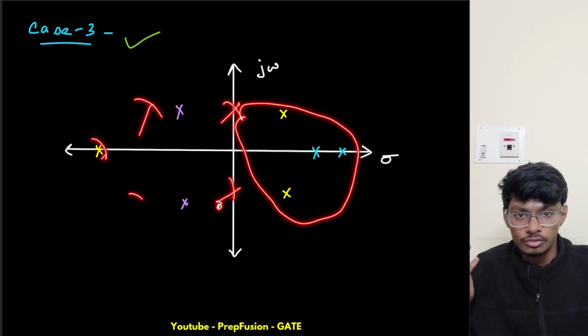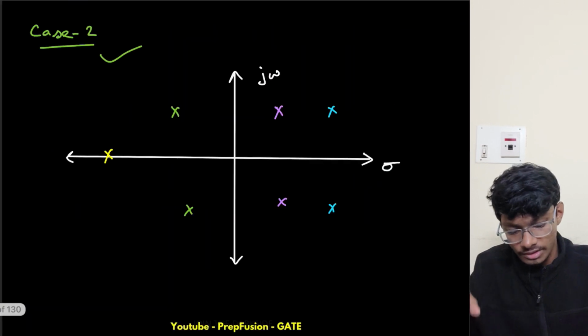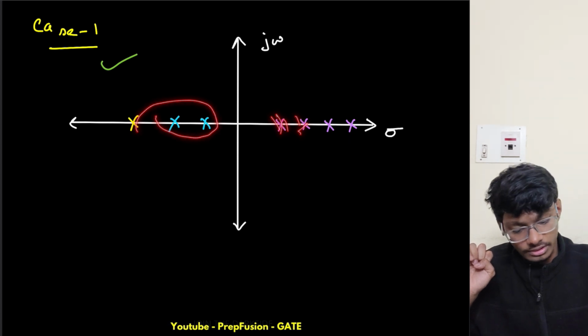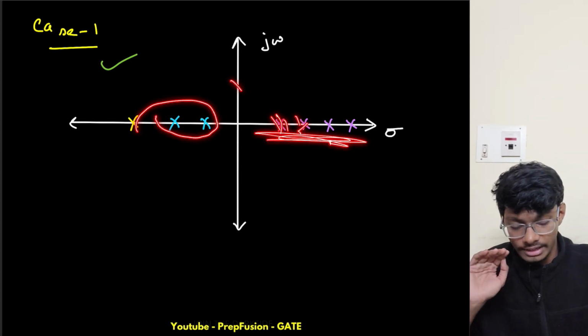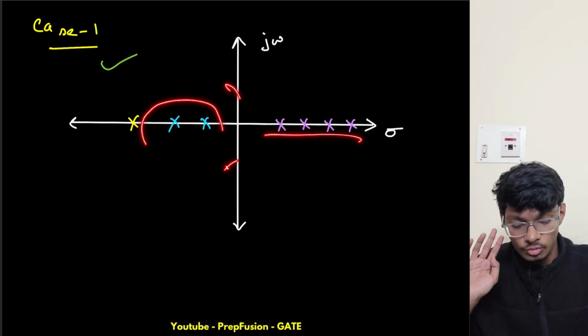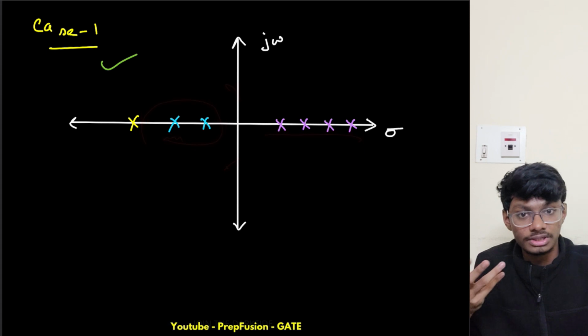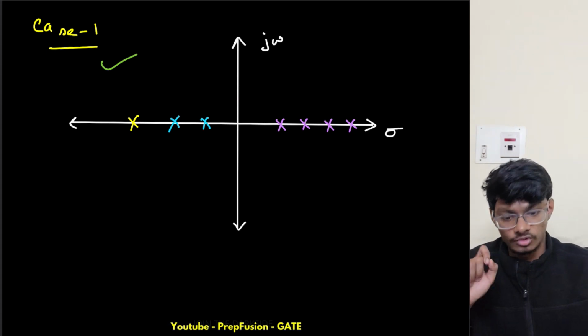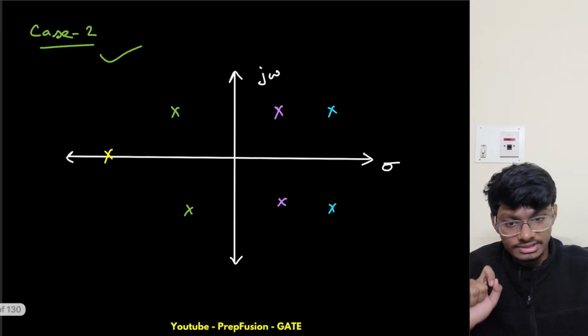But I need 2 symmetrical poles around here, which is not possible. I have 4 poles on the right hand side, and I can't choose anything on the imaginary axis, because 4 plus 2 is 6, but I still need 2 poles here at minimum, and I have only one pole left. That is not possible. Hence my poles won't lie on the imaginary axis this time. That I can surely say.